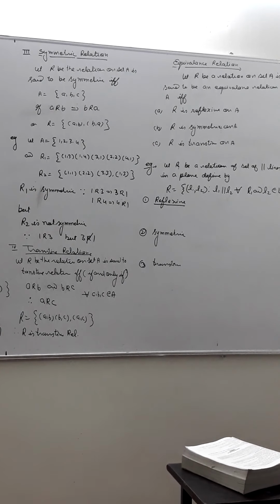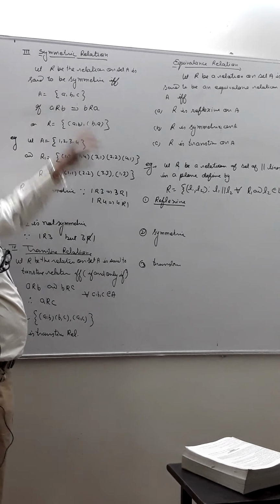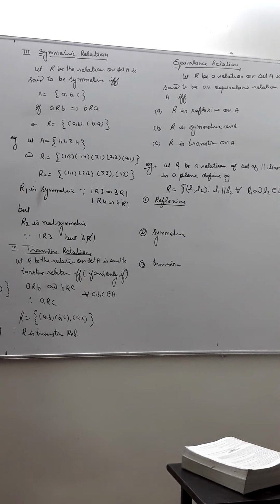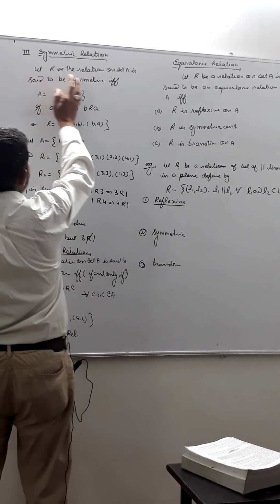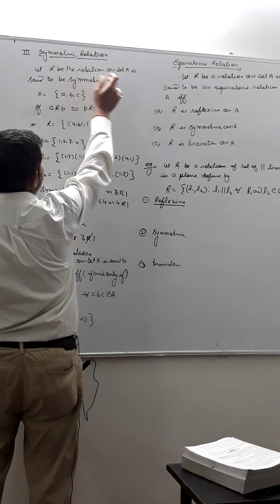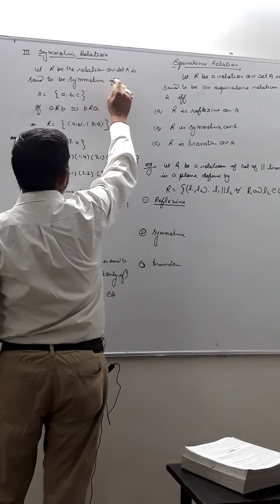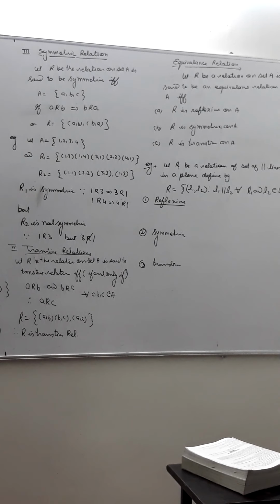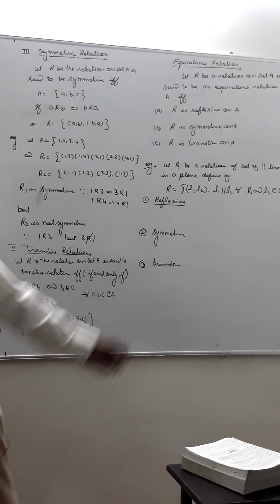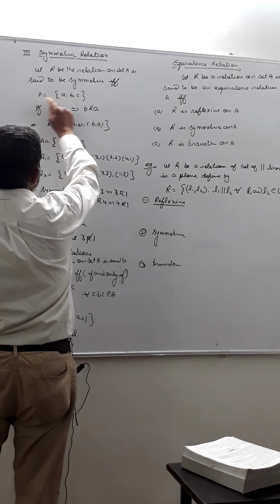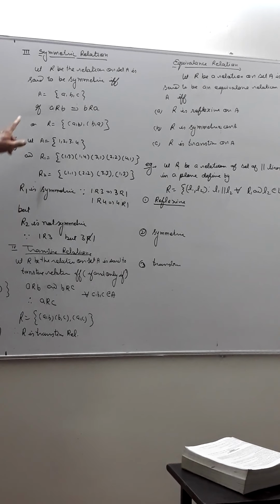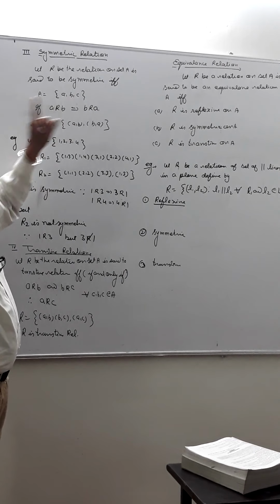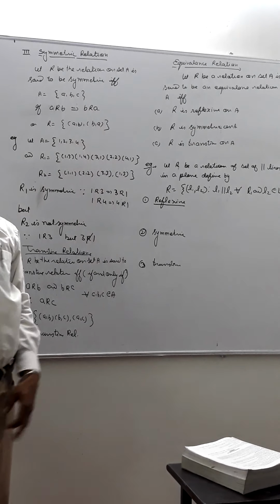Next relation is the symmetric relation. Let R be a relation on the set A. It is said to be a symmetric relation if and only if, where A is the set whose elements are a, b, c, in case of symmetric, if a is related to b, that relation also contains b related to a.